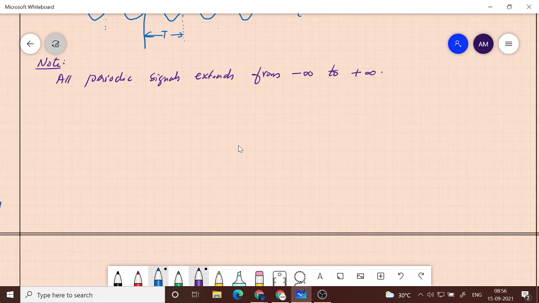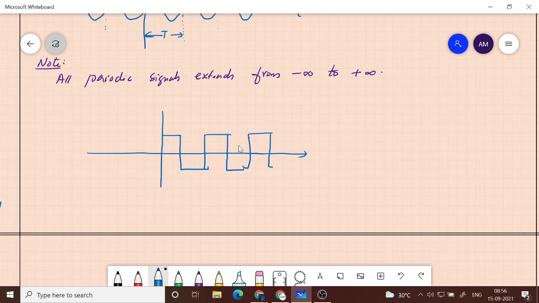For example, do not confuse cases like this. So you have say a wave like this, to the right. Okay, so to the right it continues like this, but to the left it stops here. So everything is 0 here.